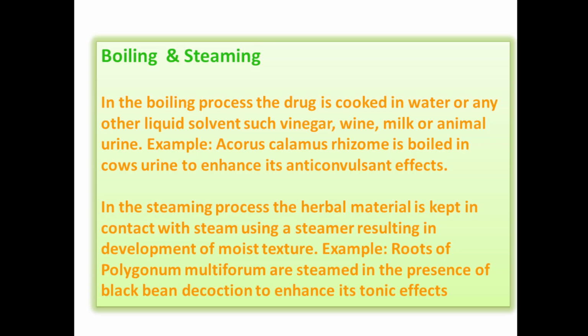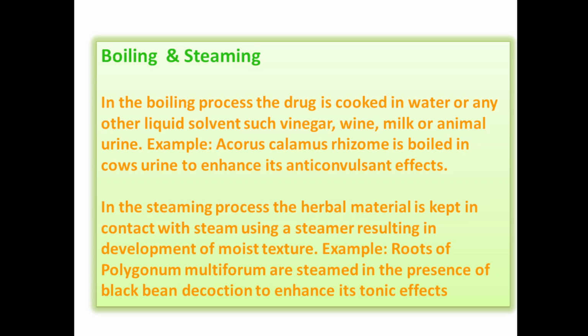Various solvents are used, such as vinegar, wine, milk or animal urine. All these are the different types of solvents which are used for boiling that particular drug, and when boiled with these different solvents, its efficacy will increase.